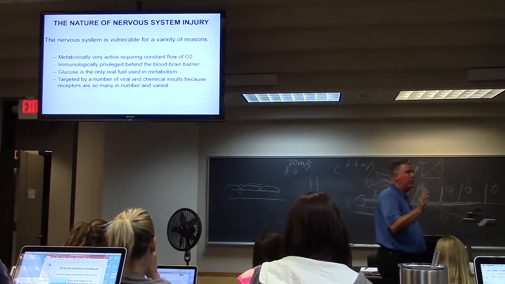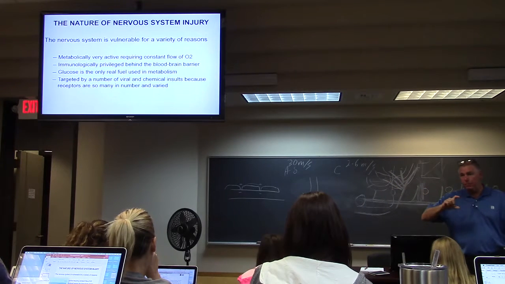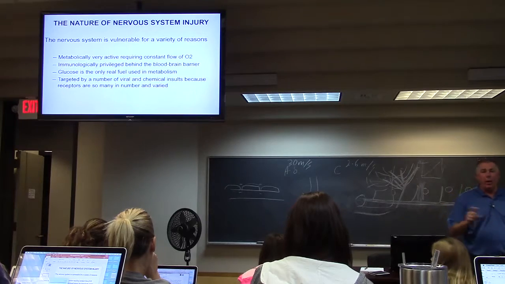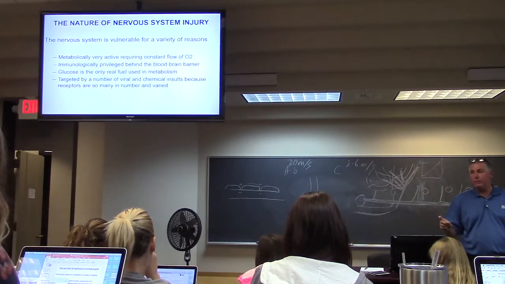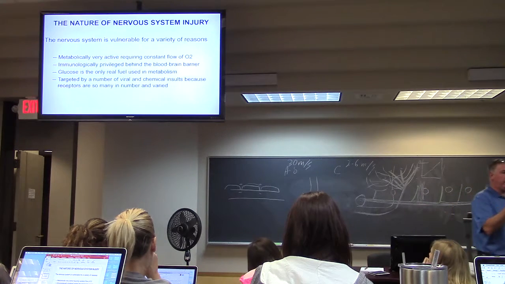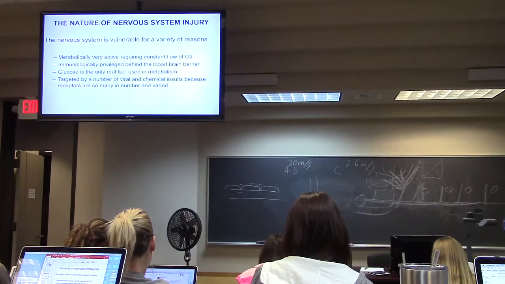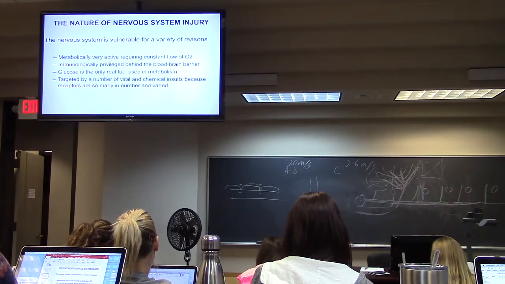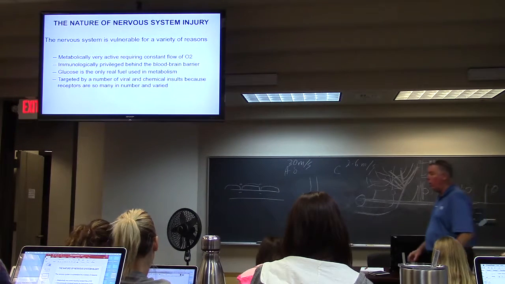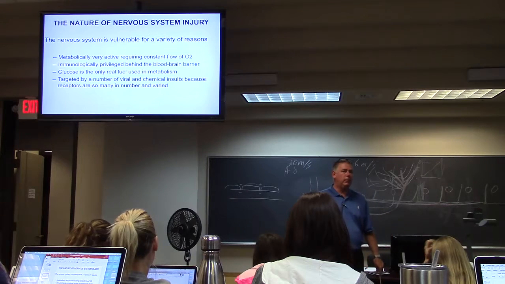This is not the blood-brain barrier. The blood-brain barrier is formed because the blood vessels are not fenestrated. There are no holes in the blood vessels. So you have two types of barrier: one between the CSF and the brain, the other between the blood and the brain. Viruses and chemicals, though, are able to breach one or both of those barriers, and we'll cover some of those viruses later on.